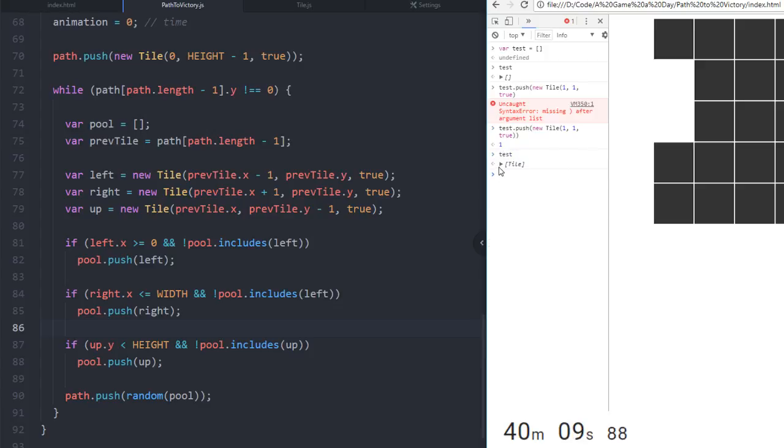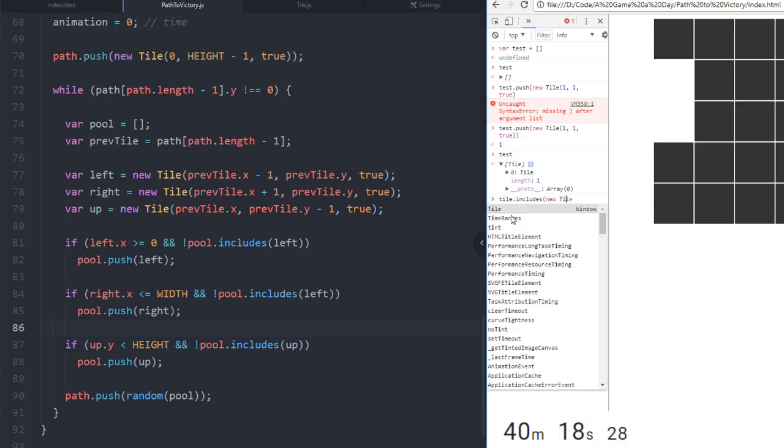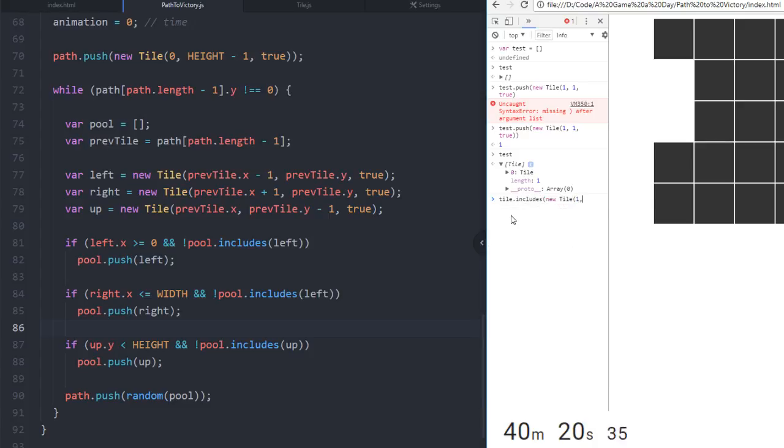We have one tile, and it's 1 1. Test dot includes new tile 1 1. True. Tile is not defined. Oh, test. Nope, test. False. It does not include it.